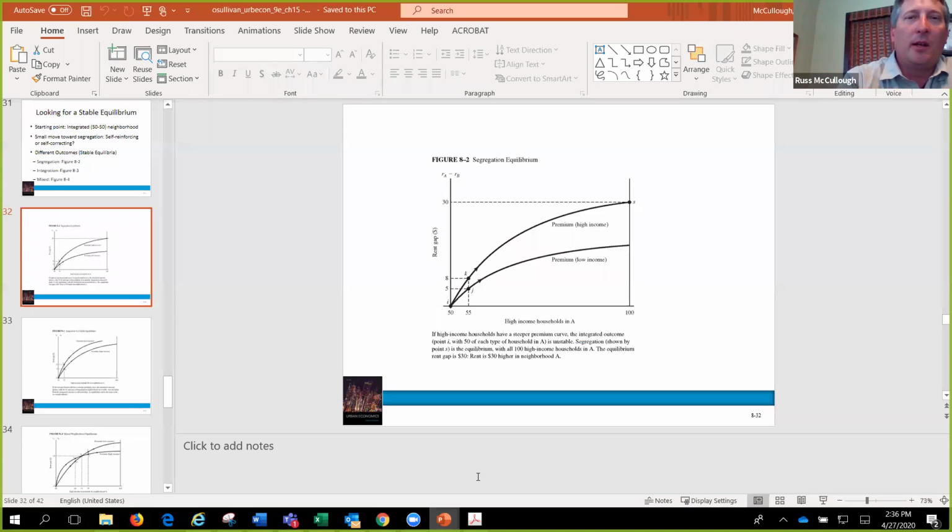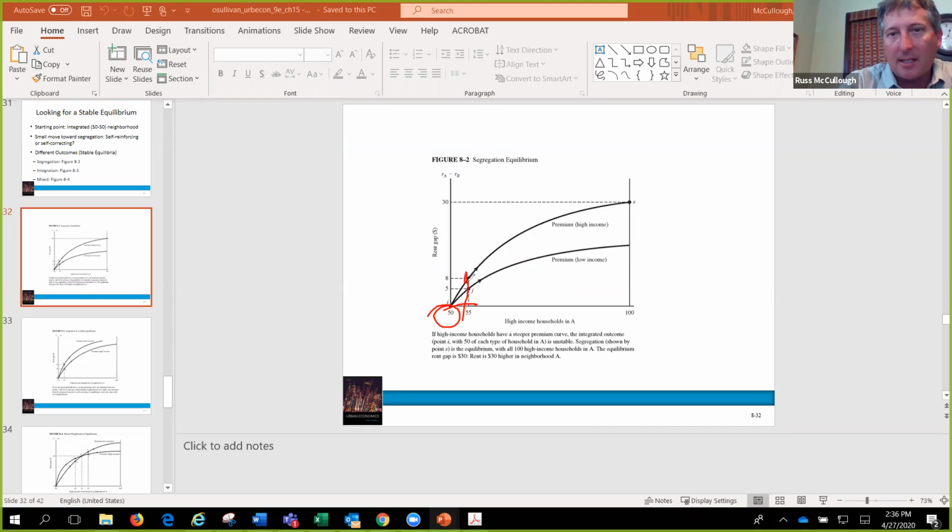And so in a place where the high income areas got the best schools or something, if the high income people can outbid the low income people, then a 50-50 split of equal amounts of high income and low income people, is that a Nash equilibrium? Is it a stable equilibrium? And so we talked about going a little bit to the right.